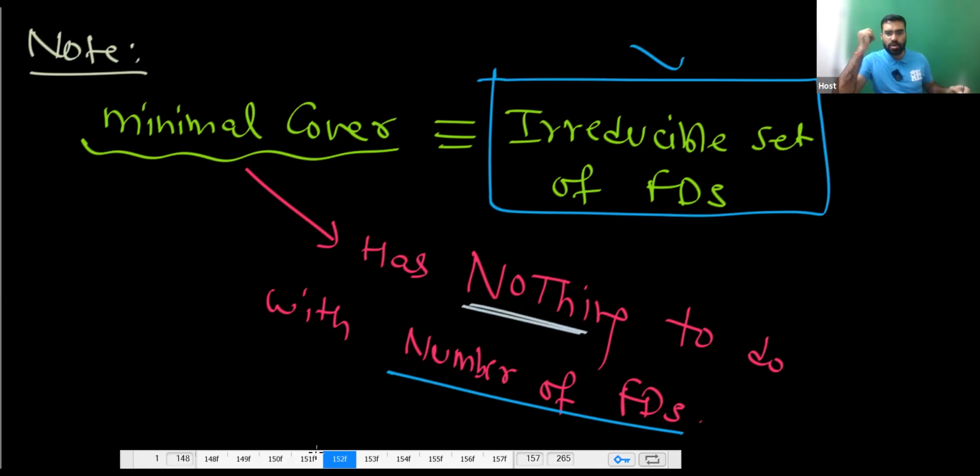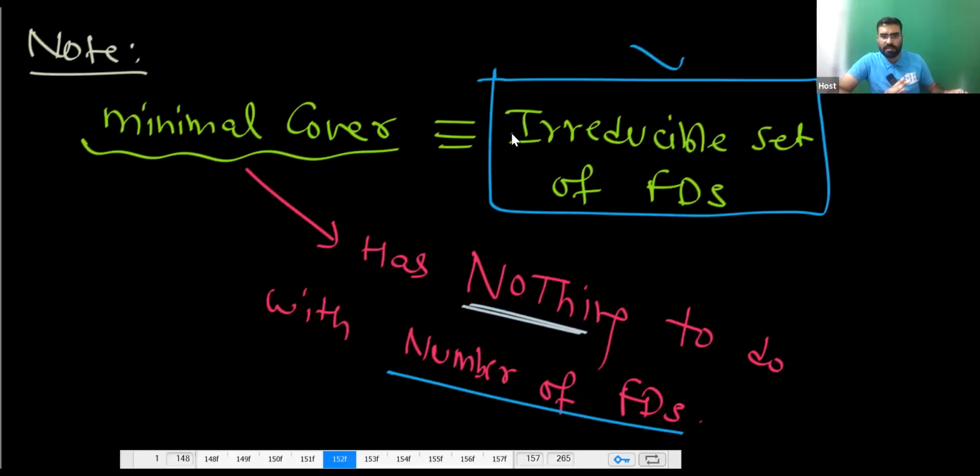This type of question you will find in some test series. You can check it out. Some test series will give you a set of functional dependencies and ask for the number of FDs in the minimal cover.